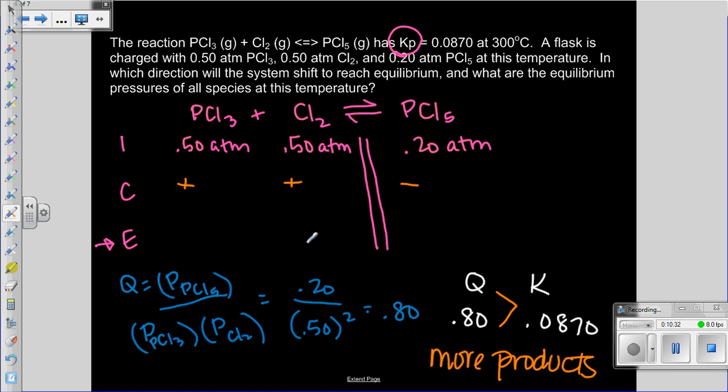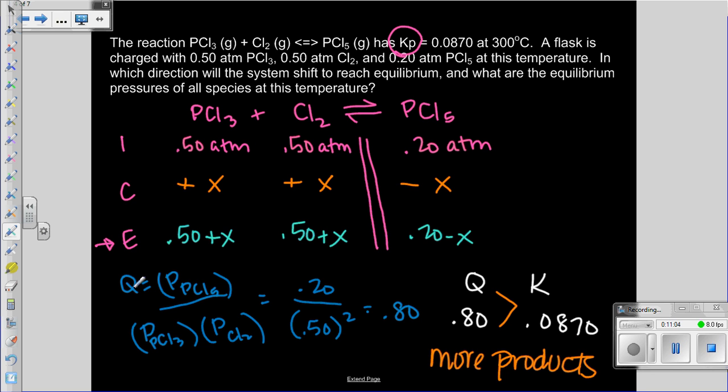Now, because I have no equilibrium values here, I'm going to make my change x. They all have coefficients of 1 because that's what I have in the balanced equation. So I end up with 0.50 plus x, 0.50 plus x, and 0.20 minus x. Now, this is just like solving problems before.